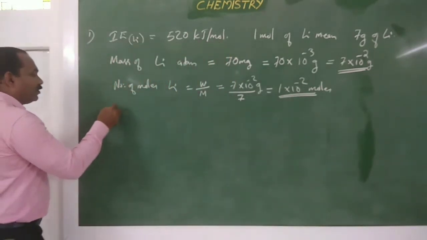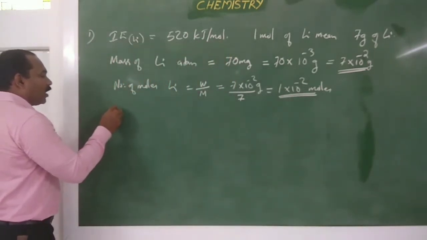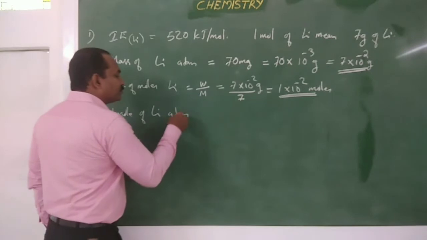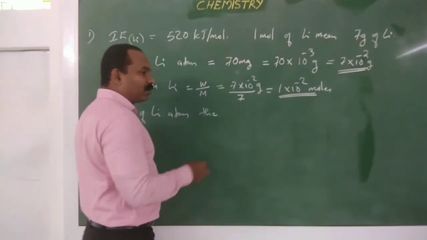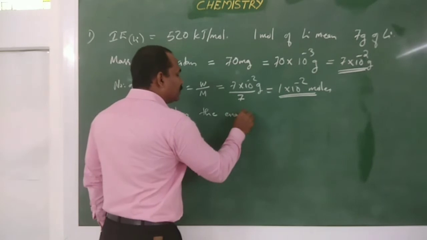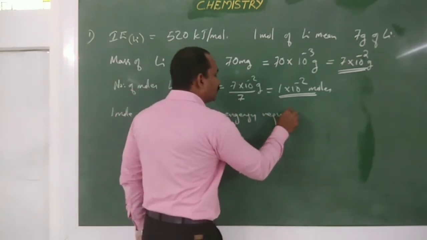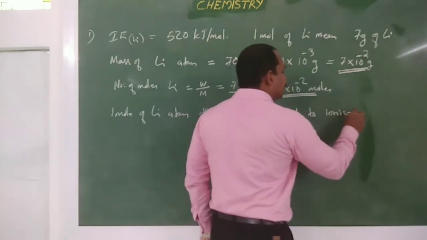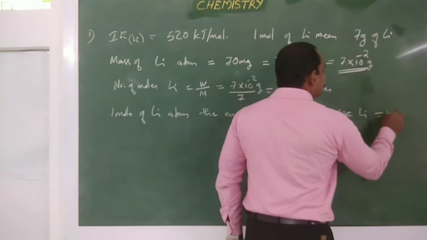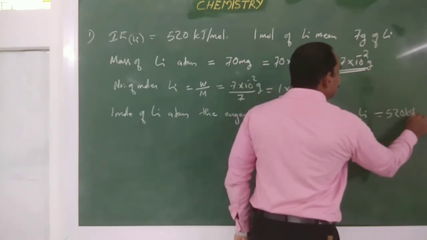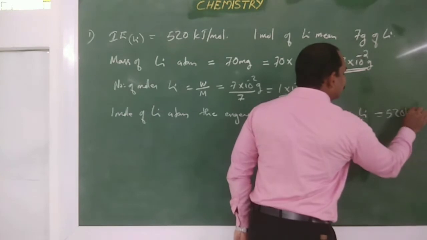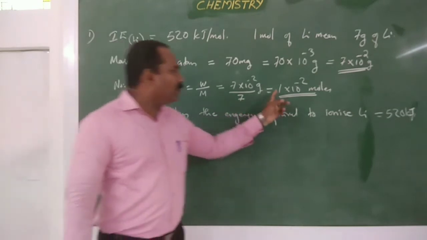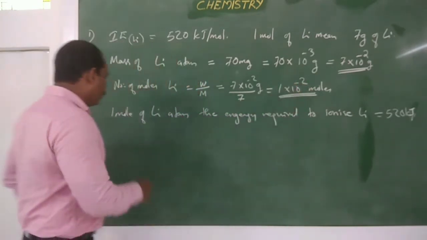So for 1 mole of lithium atom, the energy required to ionize lithium is equal to 520 kilojoule per mole. How much more do we have? 1 into 10 raised to minus 2 mole.